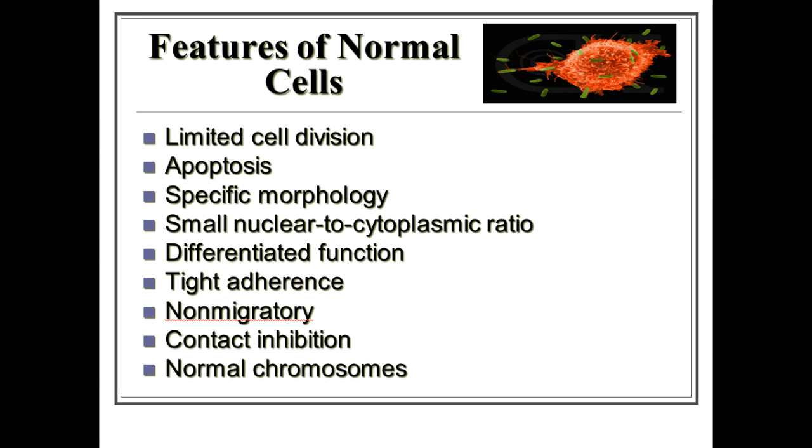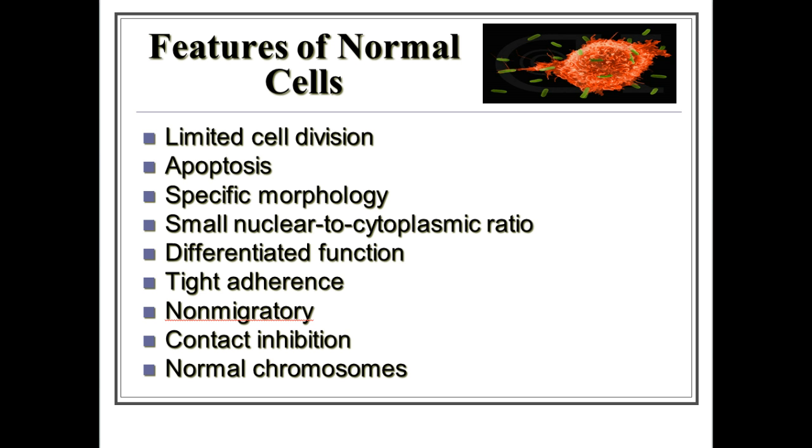Also, they have a small nuclear to cytoplasmic ratio. That means that the nucleus of a normal cell does not take up a whole lot of space inside the cell, as shown if you look at figure 23-2. The size of the normal cell nucleus is small compared with the size of the rest of the cell, including the cytoplasm.